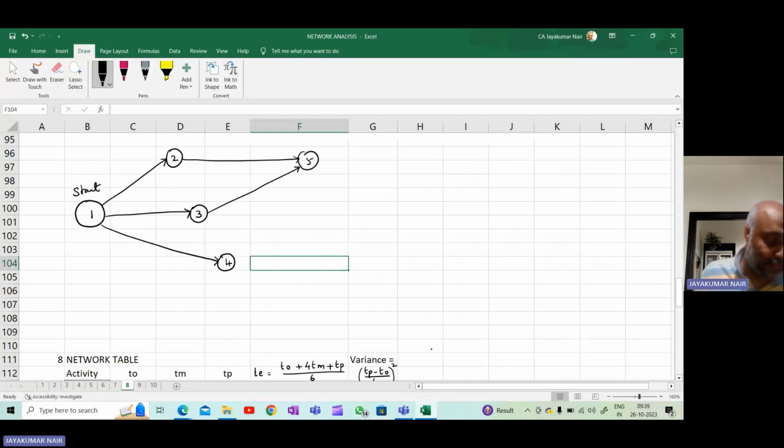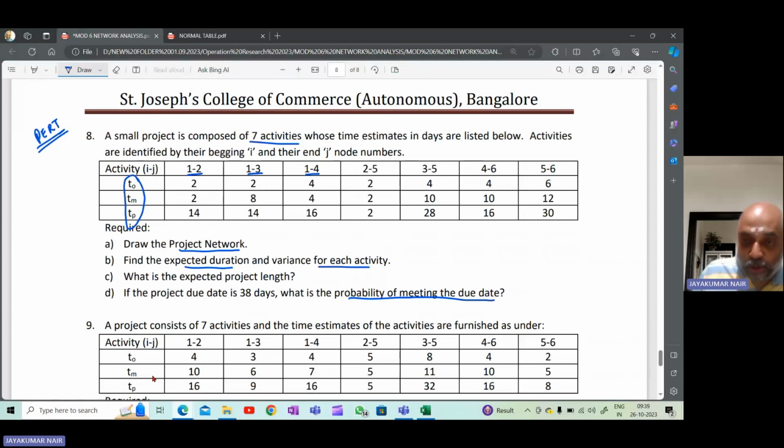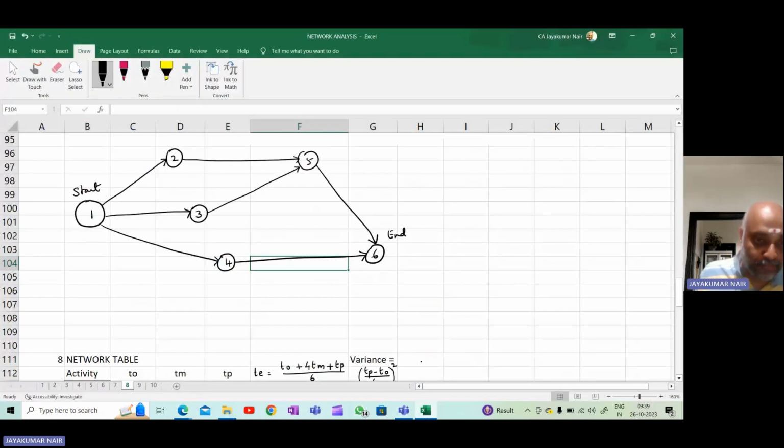Then 4-6, and then 5-6, and this is the end activity. End. So 1-2, 1-3, 1-4, 2-5, 3-5, 4-6, 5-6. We have drawn the network.